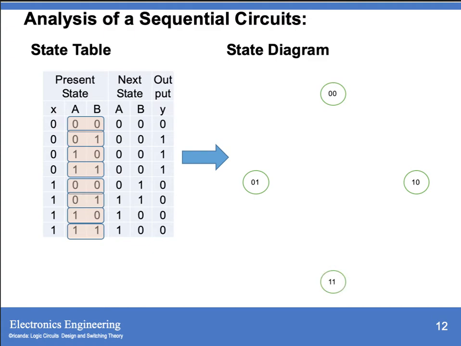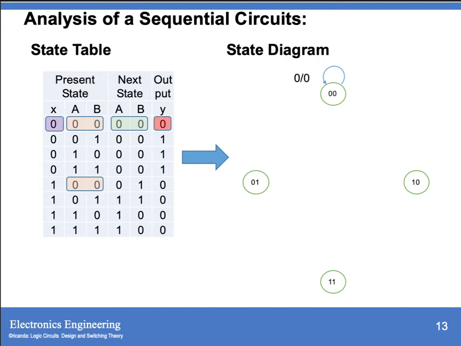Next, we are going to connect your next state when your input occurs. The first one is when we have 0, 0: when x equals 0, it goes to 0, 0. So your x is 0 and your output is 0.